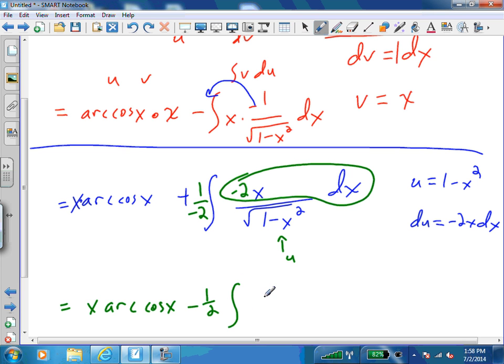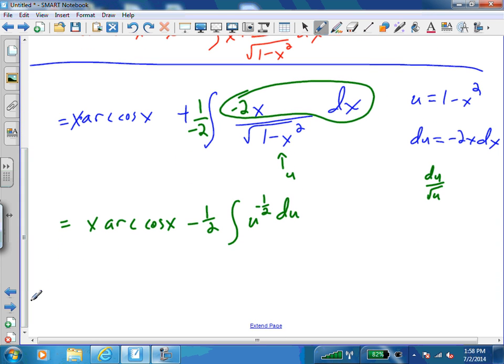That's du. It's du over the square root of u. What's another way of writing du over the square root of u? u to the negative 1/2. Keep in mind we're resetting our u. For this integral, our u is 1 minus x squared.